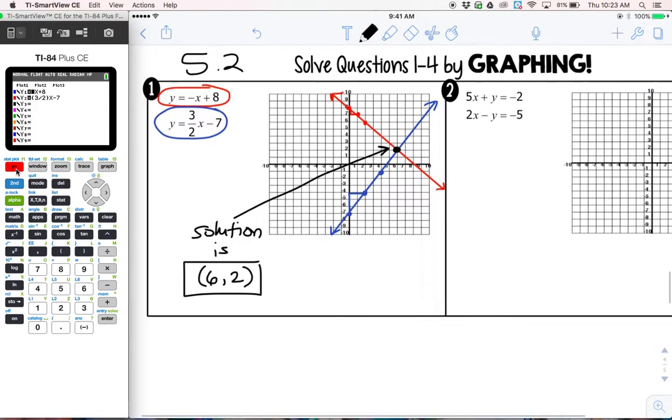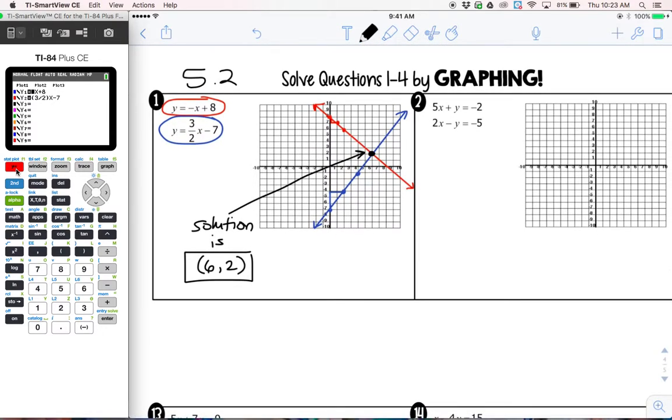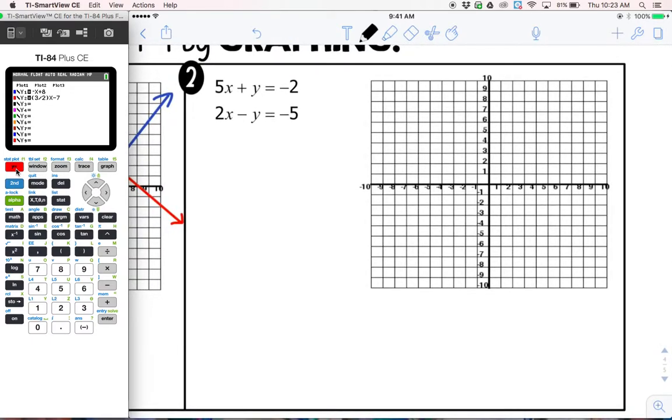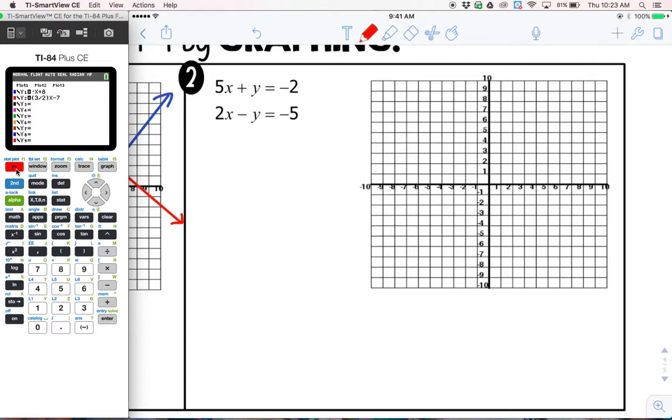Problem number 2, we have to take a few extra steps because right now we don't have y equals, and we want y equals if we're going to be graphing. So let's get y equals. My first line, which I'm doing in red, I'm going to say 5x plus y equals negative 2. I really just have to get the 5x to the other side because I want y by itself.